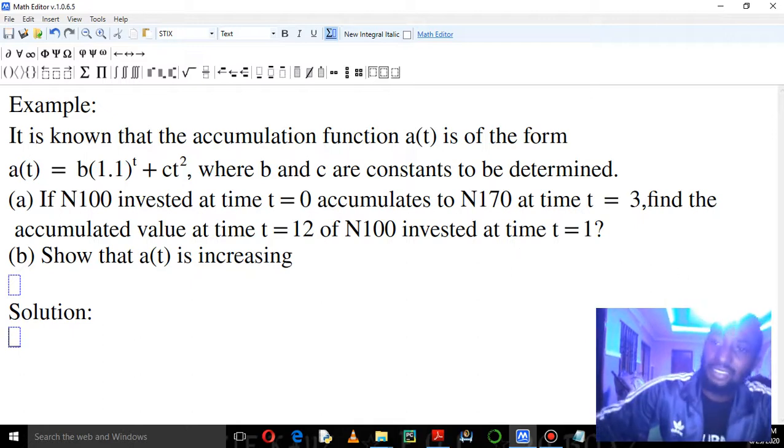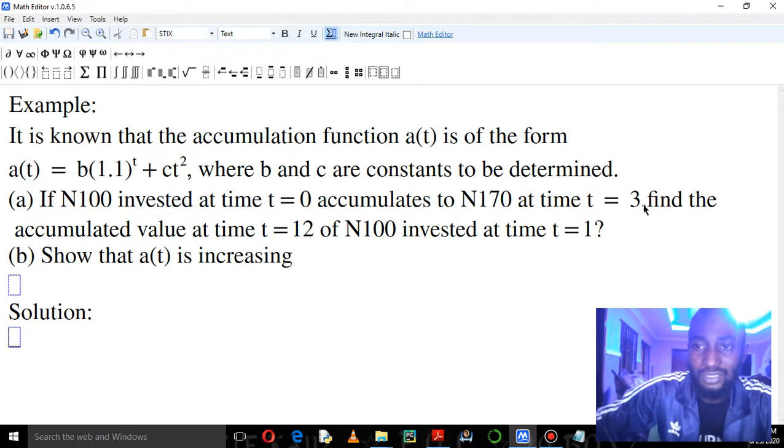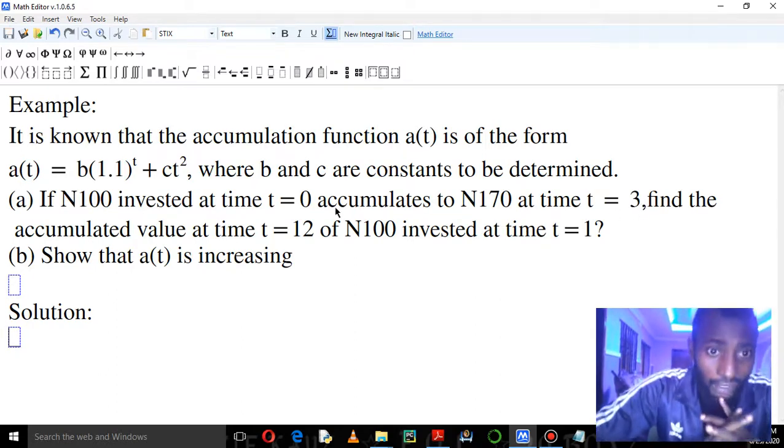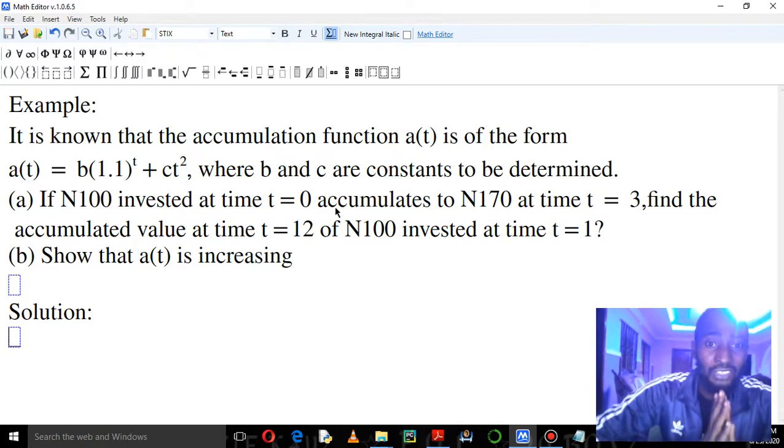If you check this question very well, at first we are going to calculate our b and our c using this first information given: t equals 0, 100 naira, and 170 naira at t equals 3. Now, the second one asks us to calculate the accumulated value at time t equals 12 given at time t equals 1.